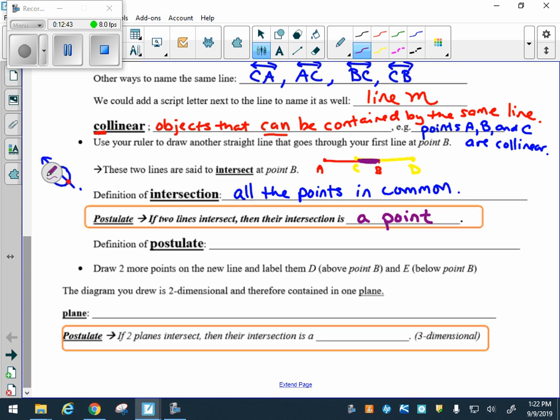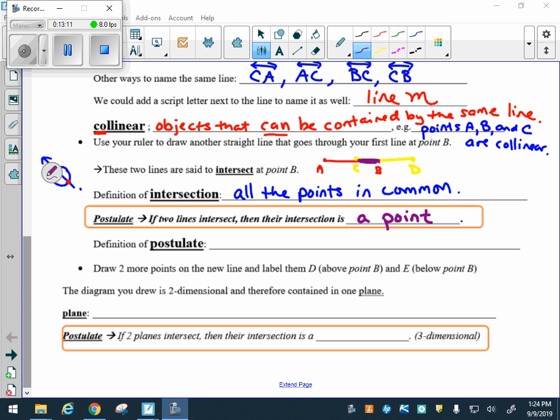Can you think of an example of two lines that do not intersect? Colin? Okay. Parallel lines, right. Two lines that go on forever, right next to each other, same distance apart all the time, never intersect. Parallel lines. There's actually another type of lines that don't intersect.